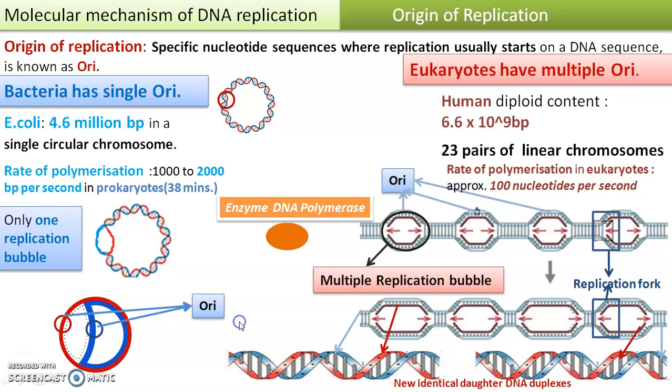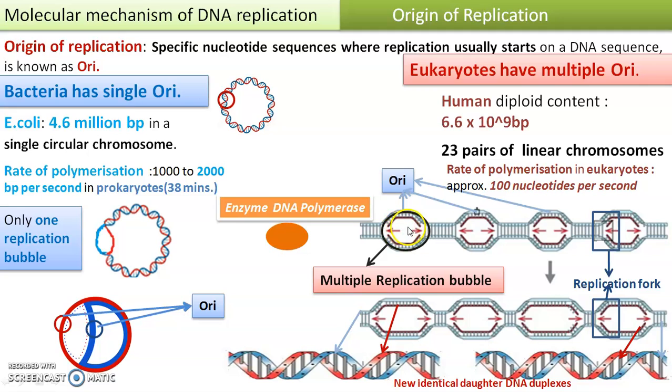Next, let us talk about what a replication fork and a replication bubble are. See, where the origin of replication starts initiating the process of replication, an enzyme called helicase, again I'm not going into the detail of that now, cuts the hydrogen bonds at that area where ORI is.